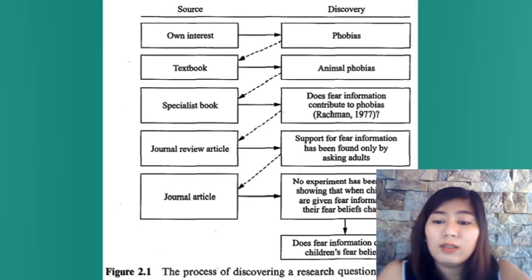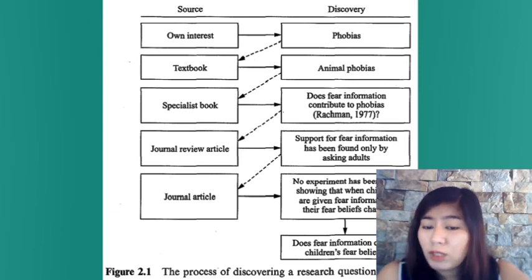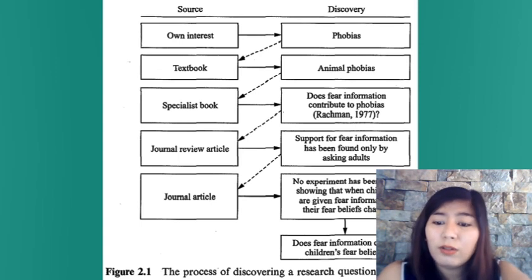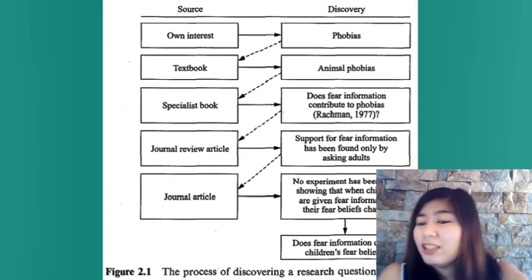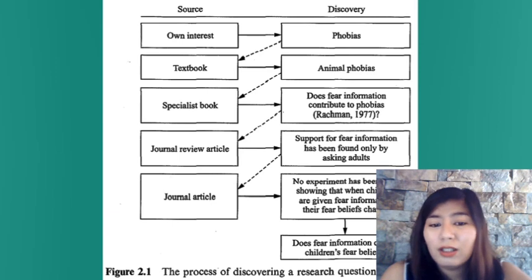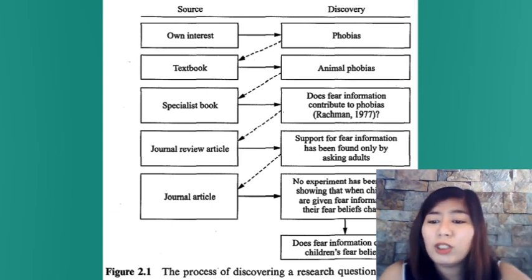So in this case, he was able to narrow down the query. If you notice the word counts, it becomes more and more detailed. So it means that it's becoming narrowed down into a particular perspective. And he funneled it down to this question, the research question: does fear information change children's fear beliefs?